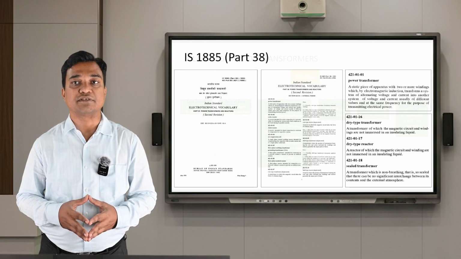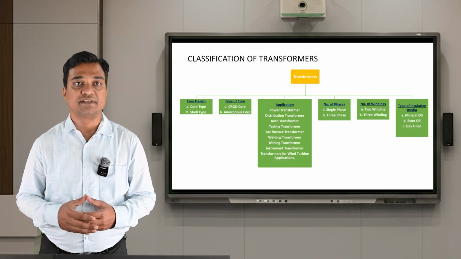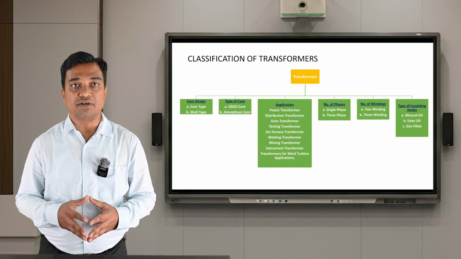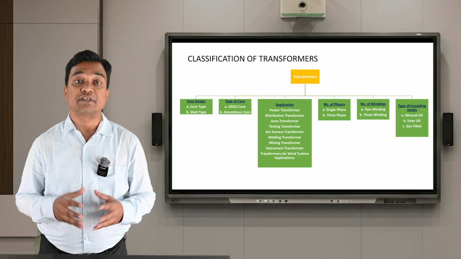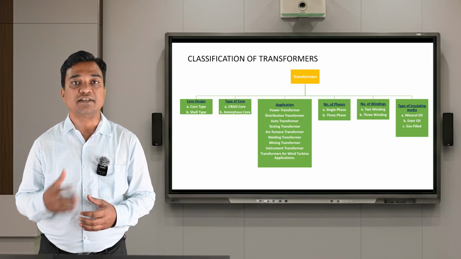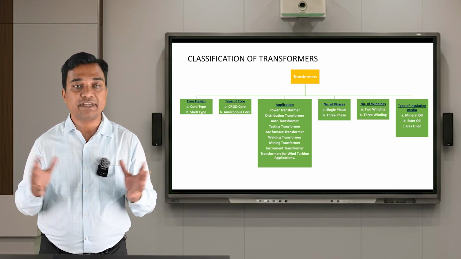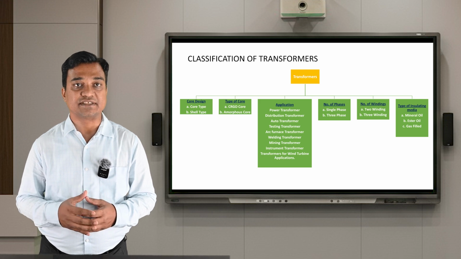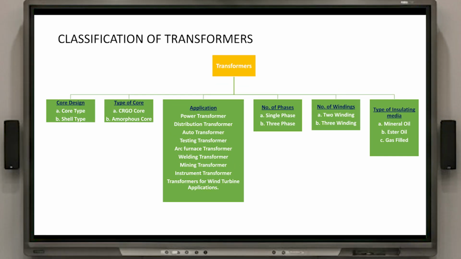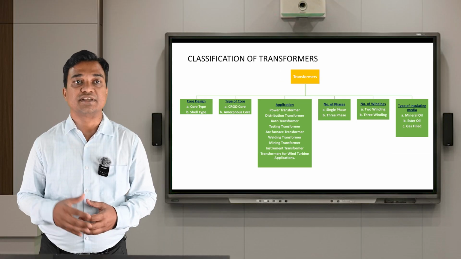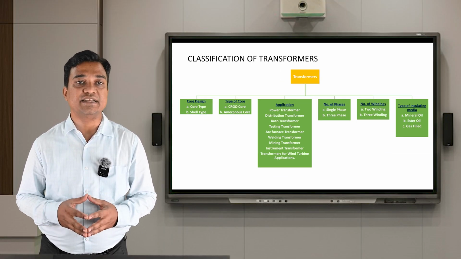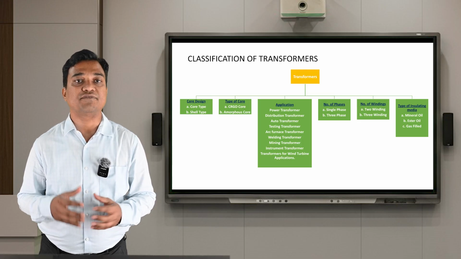The classification of transformers are based on different aspects, some of which you are familiar with. However, the classification of transformers covered under Indian standard are a little broader, encompassing all types and varieties. These classifications are based on core design, material of the core either CRGO or amorphous, application, insulating medium whether mineral oil or ester filled or gas filled, etc. Based on the classifications, there are different series and different Indian standards for the respective category of transformers.